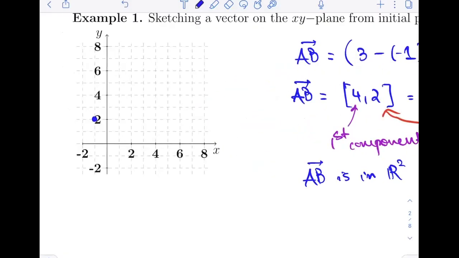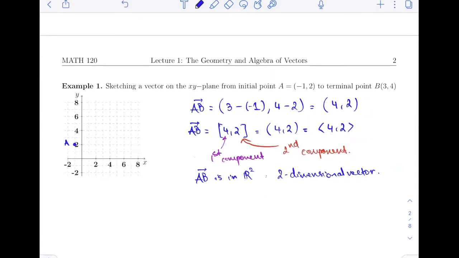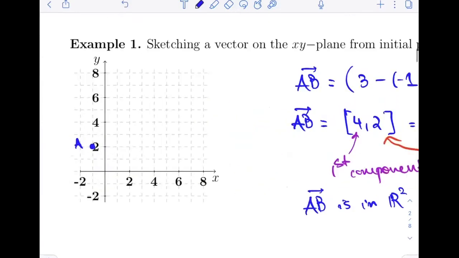So this is the point A. The terminal point is 3, 4. And then you connect these 2 points together. Remember, A is the initial point and B is the terminal point.